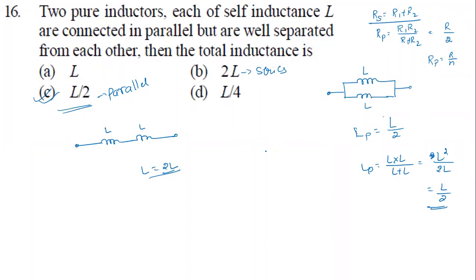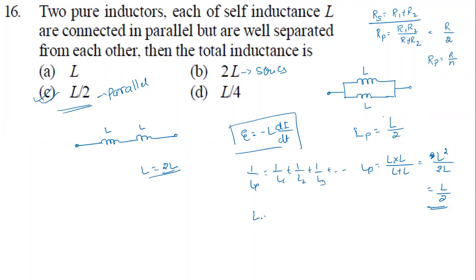Because again the inductance is there, using the energy formula, the EMF formula, E equals minus L into di by dt, I can use this formula and derive this equation: 1 by LP equals 1 by L1 plus 1 by L2 plus 1 by L3 and so on.